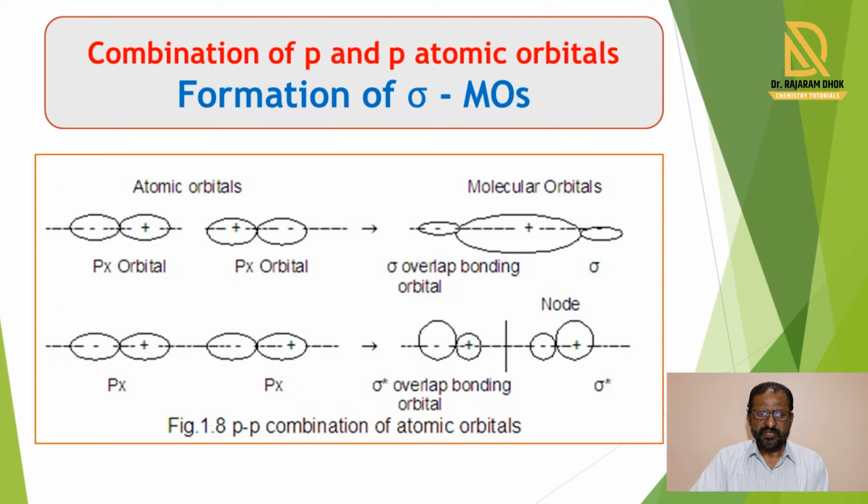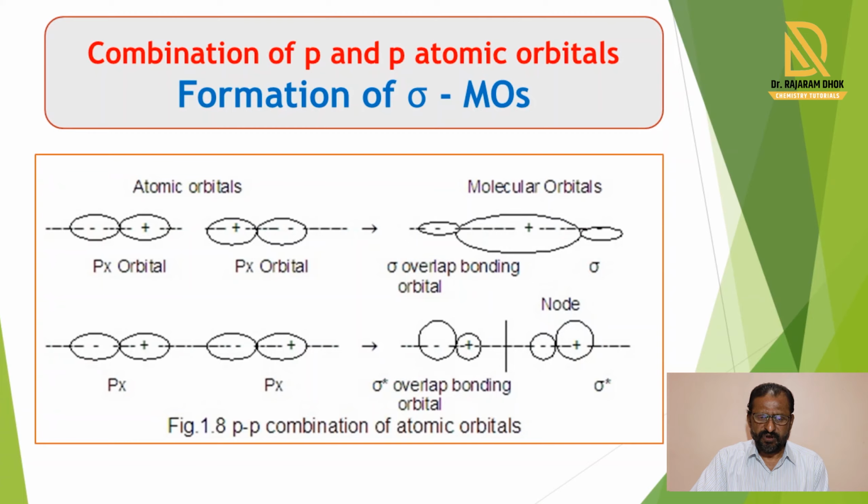In the combination of p and p atomic orbitals, there is possibility of two types of molecular orbitals: one is the sigma molecular orbital and the other is the pi molecular orbital. Firstly, we learn how the sigma molecular orbital is formed.